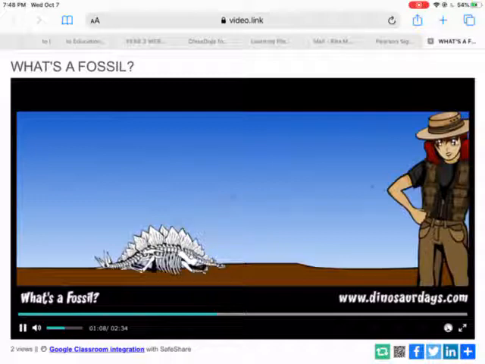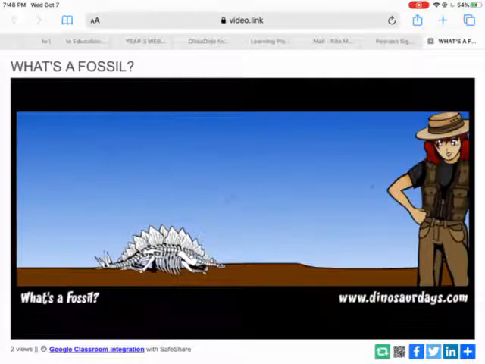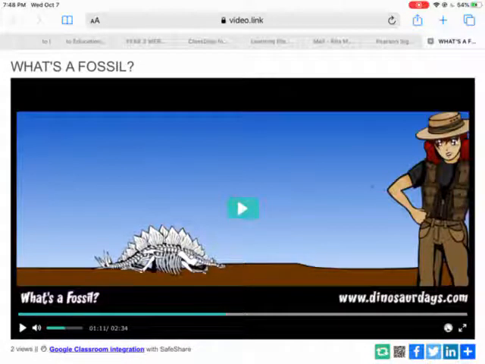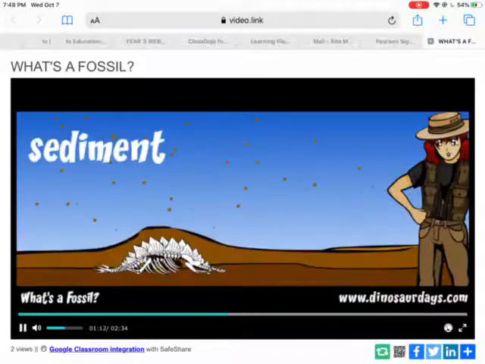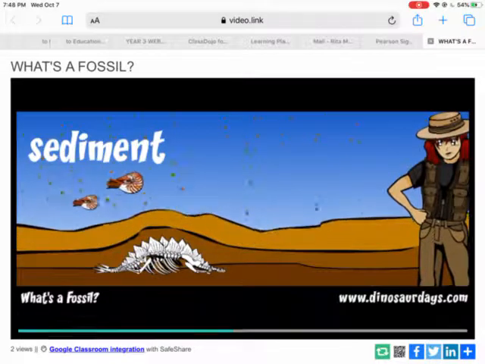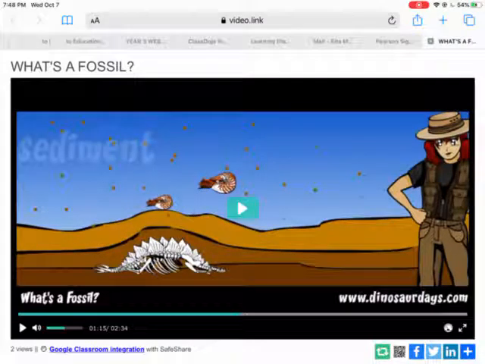Mud and sand called sediment cover the skeleton over many years. So then over many years, sediments cover the skeleton. So whatever's left of the dinosaur, which is the skeleton, sediments start to cover it. More layers of sediment fall on the skeleton. Over time, as you can see, more layers are building up on top of the skeleton.